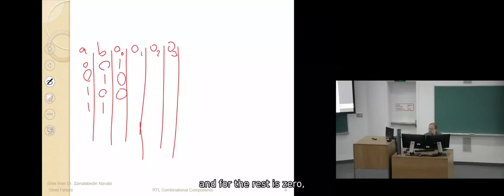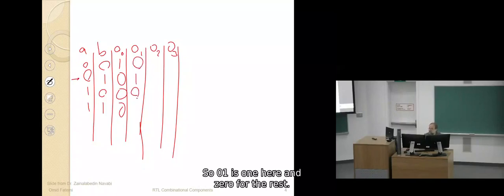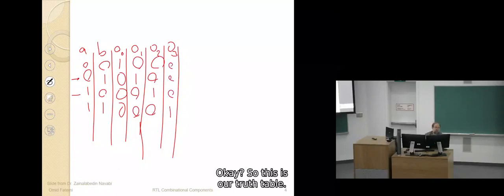O1 is 1 when we have input 1, and the rest is 0. O2 is 1 at input 2, which is this, and 0 for the rest. And O3 is 1 at input 3 and 0 for the rest. Okay, so this is our truth table.